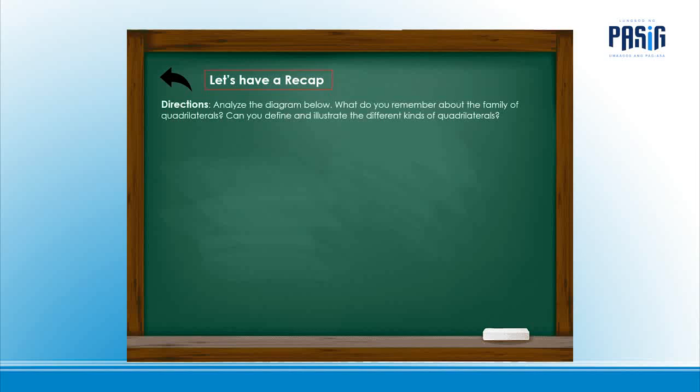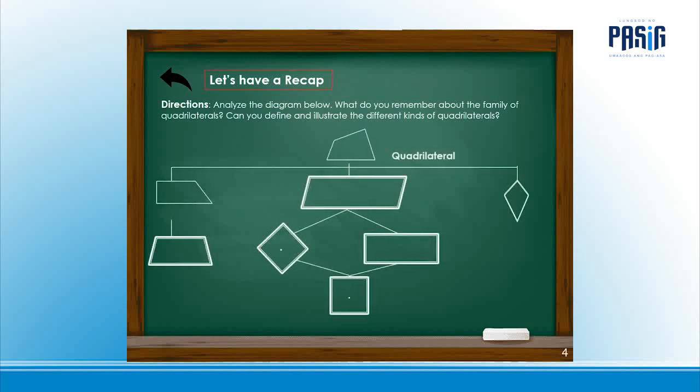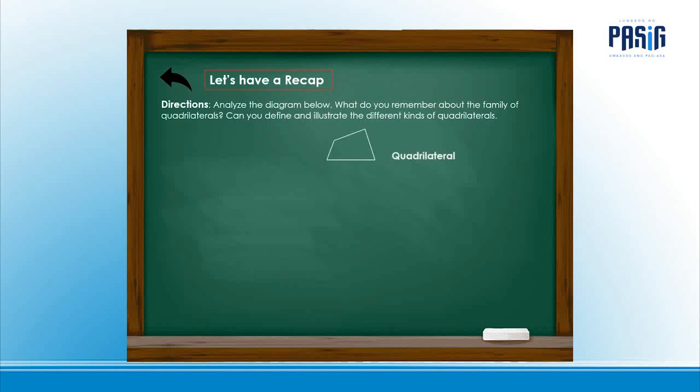Directions. Analyze the diagram below. What do you remember about the family of quadrilaterals? Can you define and illustrate the different kinds of quadrilaterals? Look at the diagram. Can you identify the different kinds of quadrilaterals?